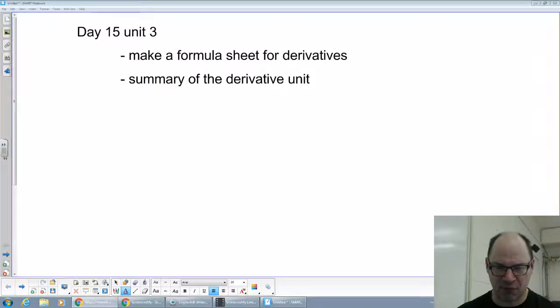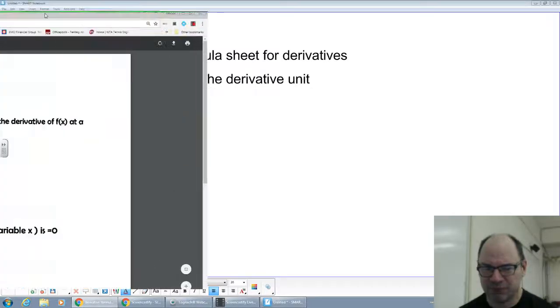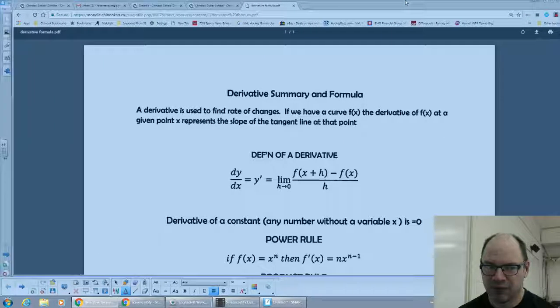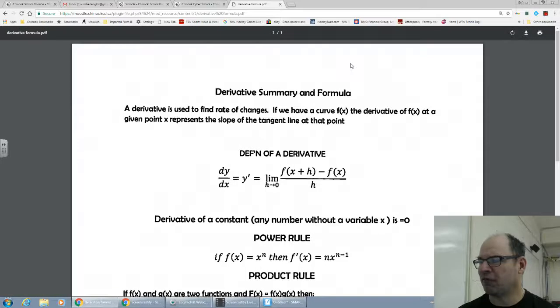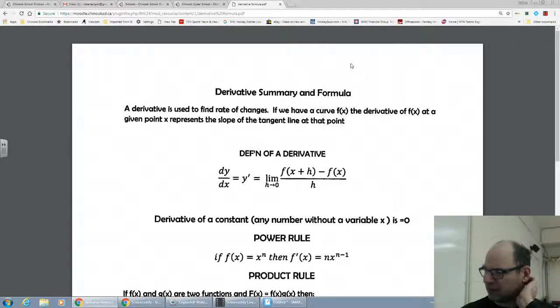Now, recently I've been converting everything over to PDFs slowly now that I have a little more time. Okay, so if we bring this over here. This is the derivative formula sheet that you can use at the end of the unit. Here's all our derivative stuff.